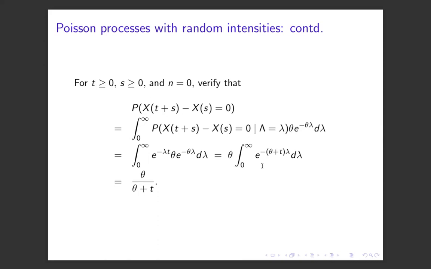So you can easily see it is equal to theta, which can be brought out, and what remains as the integrand is e to the power minus (theta plus t) times lambda, d lambda. So here you are integrating with respect to the variable lambda, and in this, t is behaving like a constant. So this integral can be easily evaluated. So you have it is theta divided by (theta plus t).